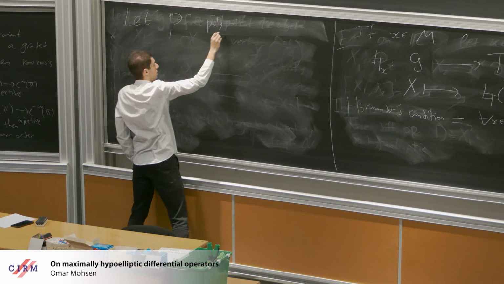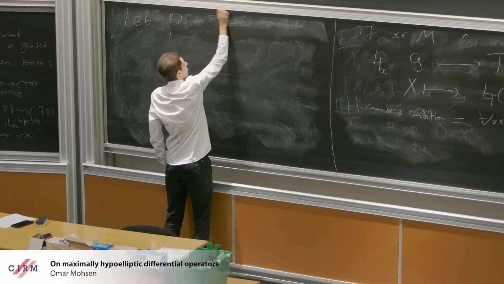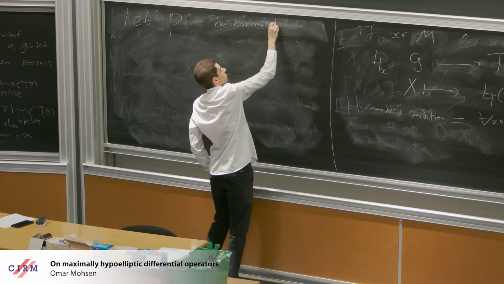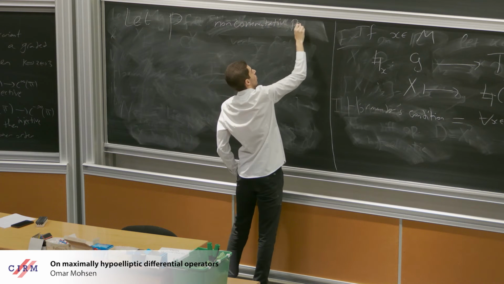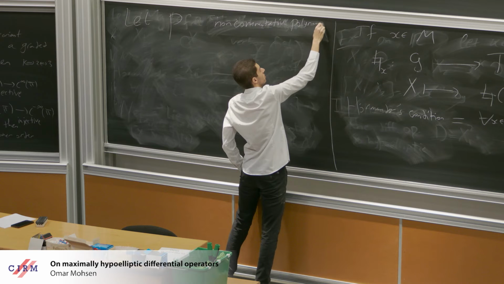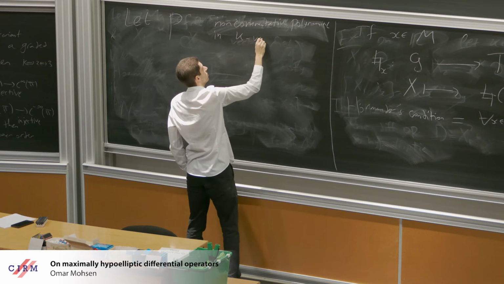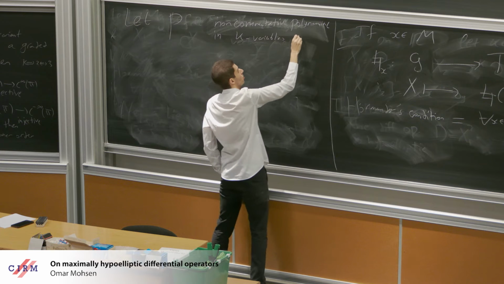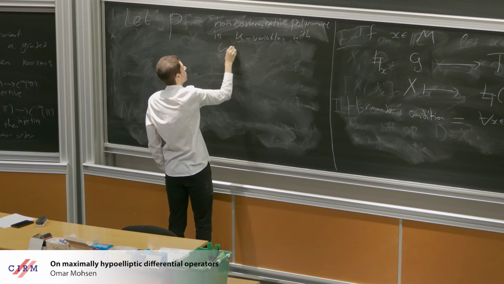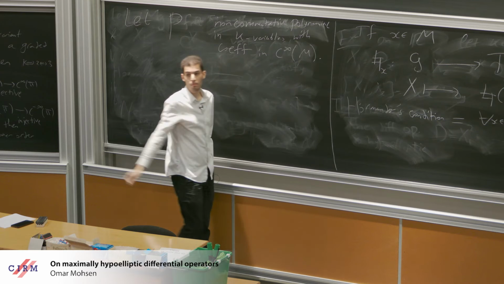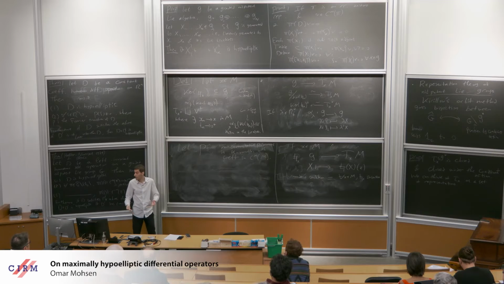So it's a non-commutative polynomial in k variables with coefficients in C infinity of M. So when I said take some formula, sum of squares, that's a non-commutative polynomial.